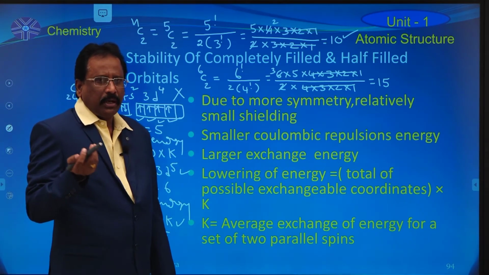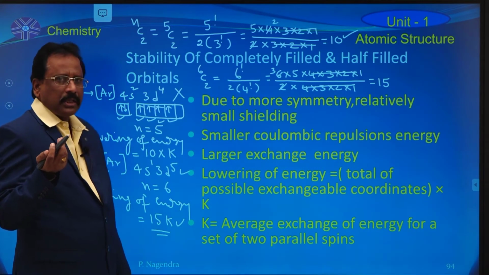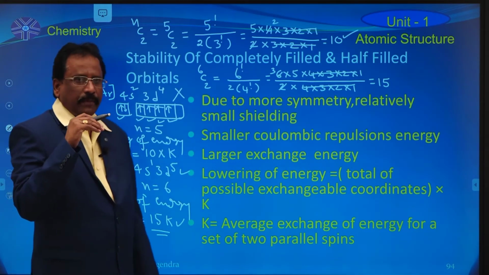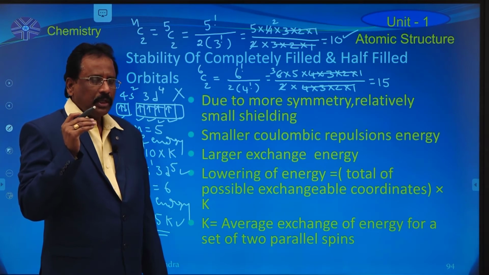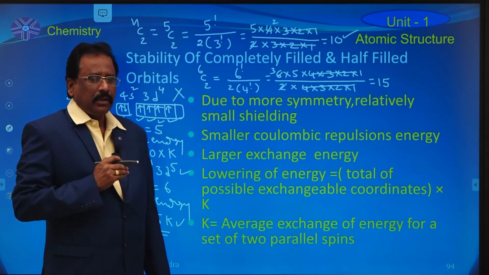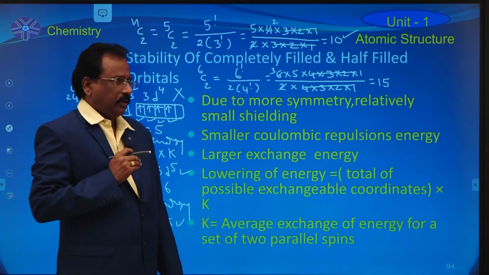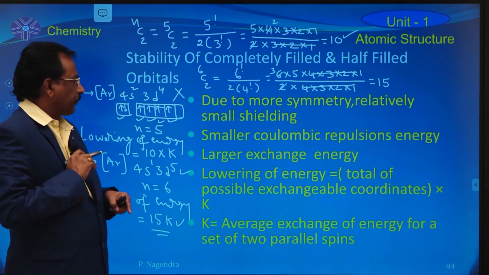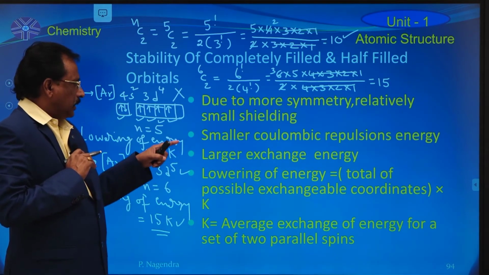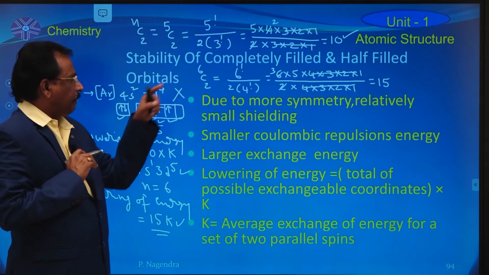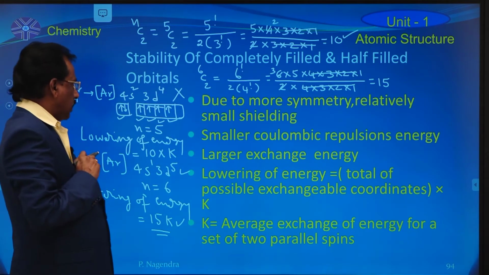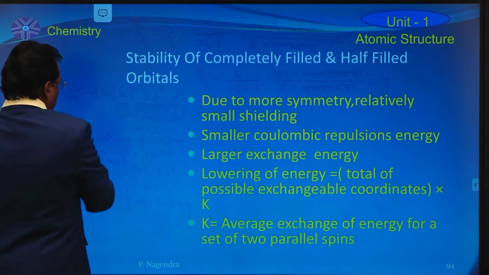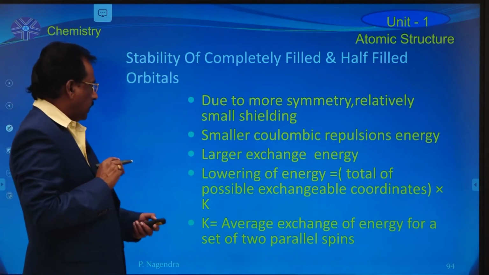In the case of copper, the 3d subshell is completely filled with electrons. When compared with 3d5, the 3d10 configuration is more stable. So finally, due to more symmetry, half filled and completely filled orbitals are more stable than incompletely filled orbitals.